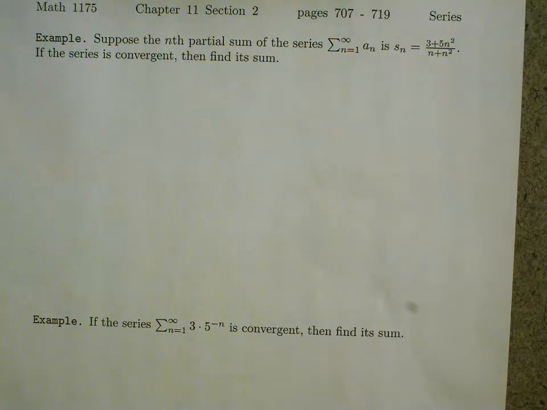Okay, so on this one, suppose the nth partial sum of the series of a sub n terms is s sub n equals (3 plus 5n squared) over (n plus n squared). If the series is convergent, then find its sum.